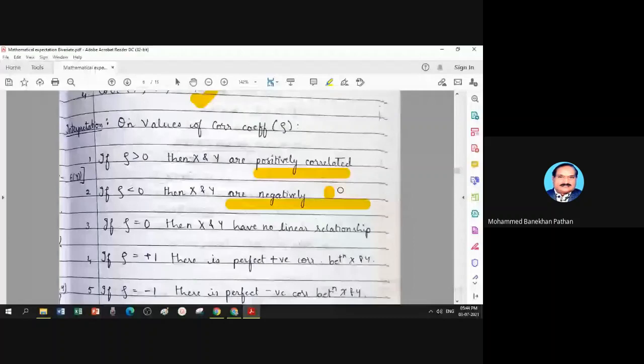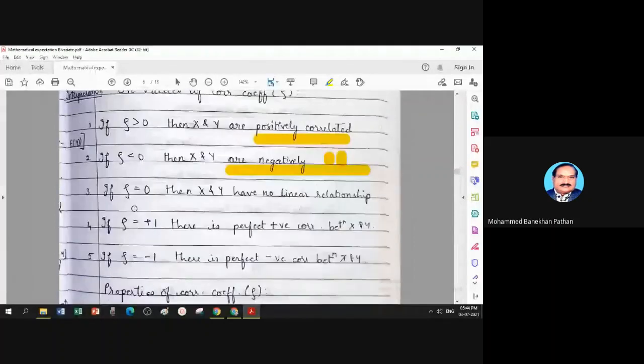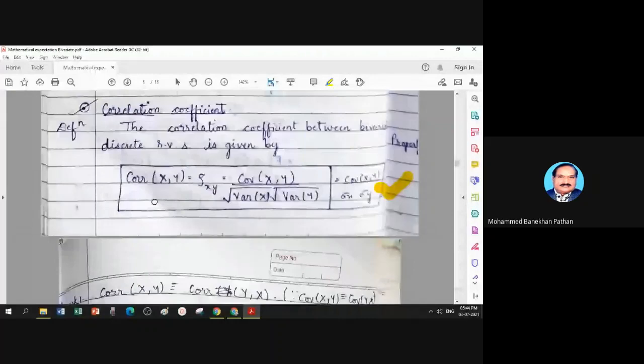If rho is equal to 0, then the variables do not have a linear relationship. This formula is used only to study the relation.